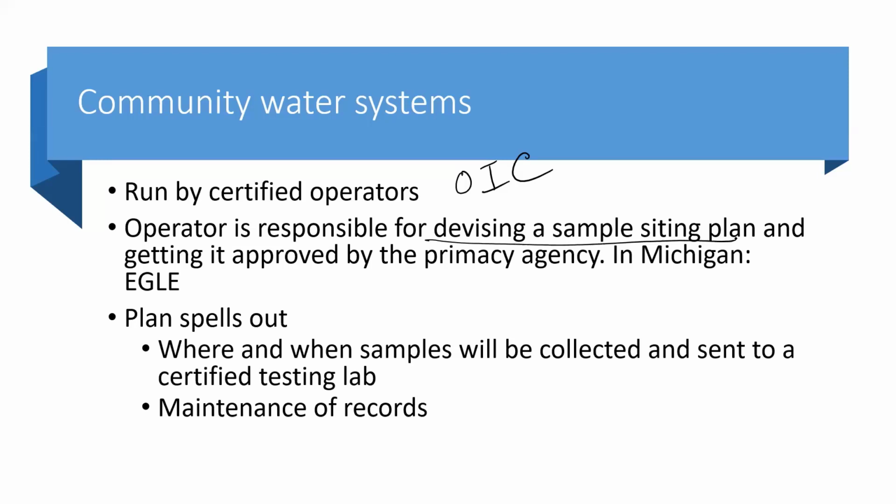And that sampling plan includes where samples are taken, when they are taken, how they are taken, how they are stored, how they are logged into the system, how they are analyzed, how they are reported, and how those reports are maintained. Failing to do any of that is a violation and actually can result in loss of certification. And yes, that does happen.